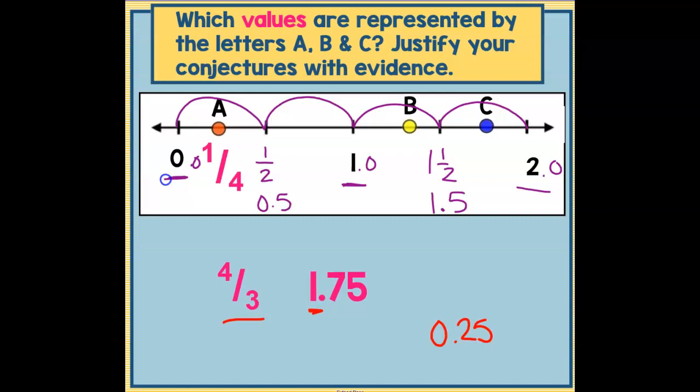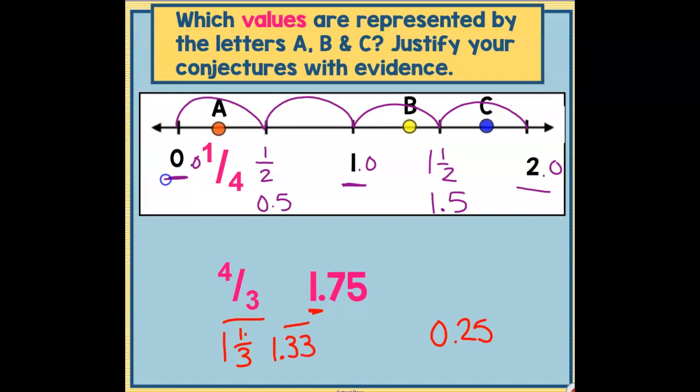Now I have 2 options left, 4/3 and 1 75/100. Well, I could change this to a mixed number, and maybe that would help, or I could change it to a decimal. Well, 4/3, I know 3/3 is 1 whole, and then I have 1/3 left. Now I want to change that into a decimal. I know 1/3 is 0.33 repeating.